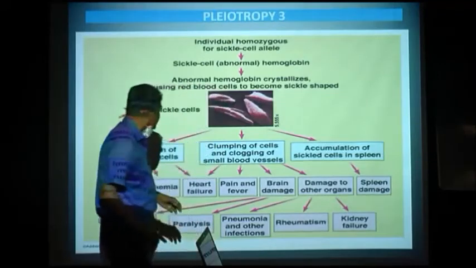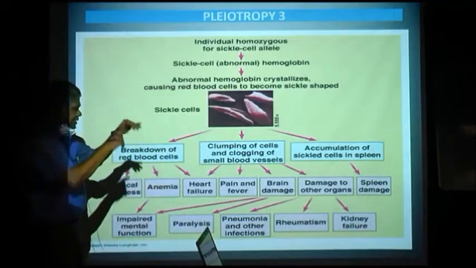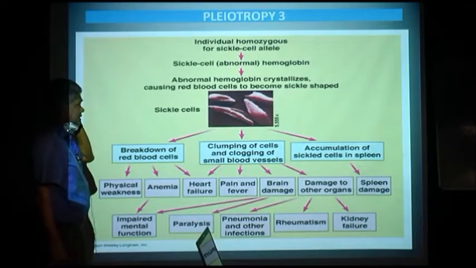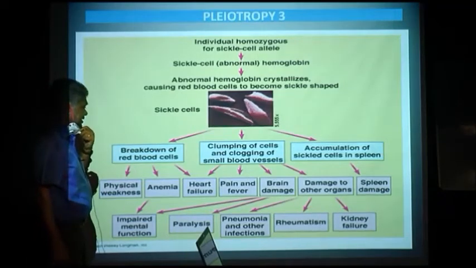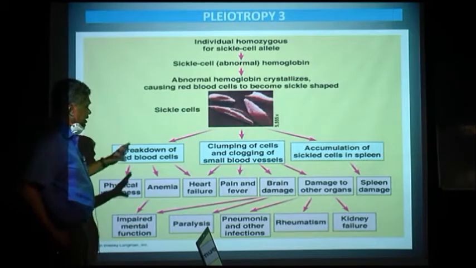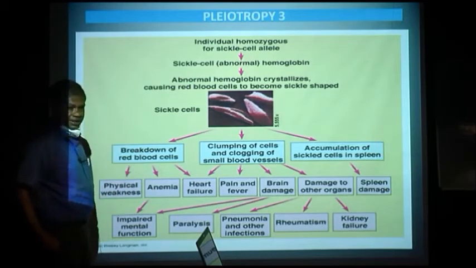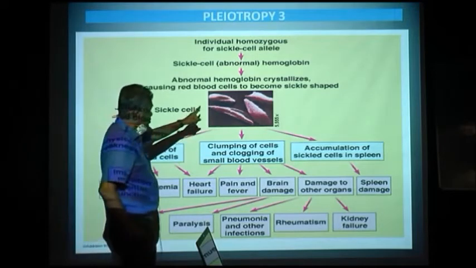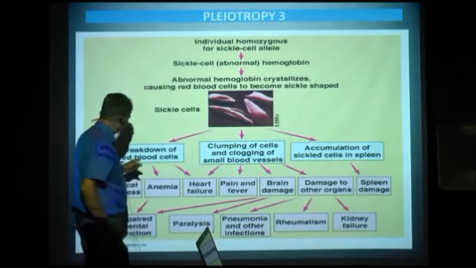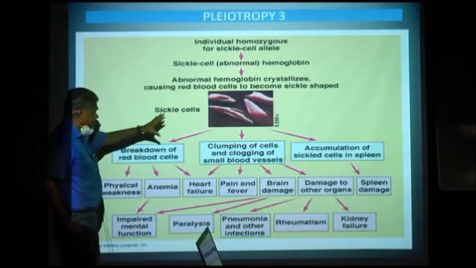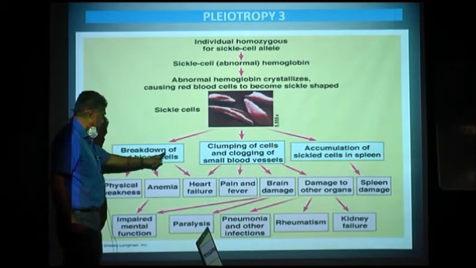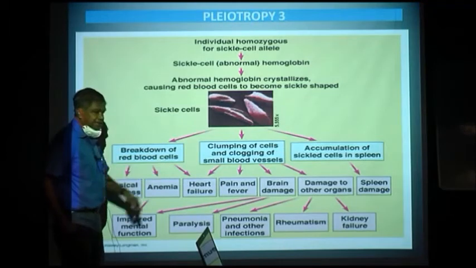Now, here what happens is the hemoglobin becomes sickle shaped. If there is sickle cell, they do not give normal character. This is also due to a mutation. The presence of sickle cells gives rise to breakdown of red blood cells.